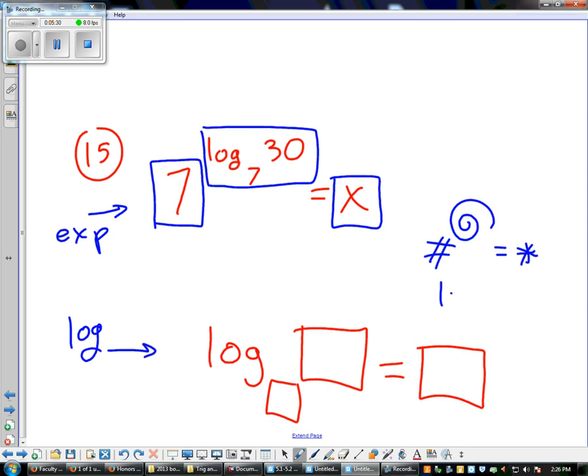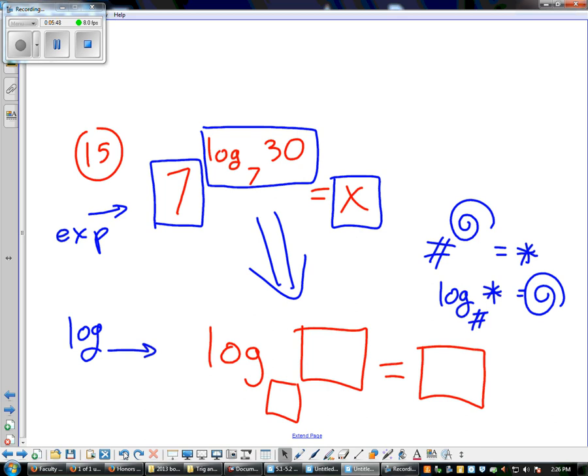And you had to rewrite that in log form as log to the base hashtag of star equals swirly, right? So you're going to do the same thing getting from here to here. And once you do that, I think you'll be able to solve this problem.